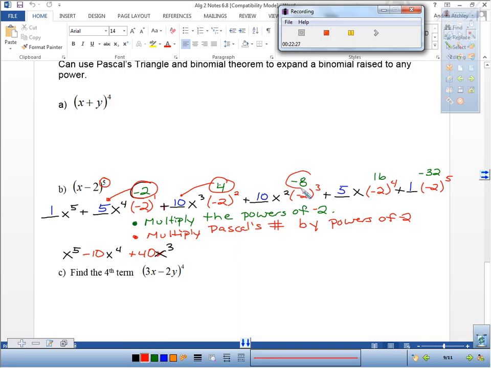Then I'm going to get the negative 8 times 10 and get negative 80, and then x squared. I'm going to get the 16 times the 5, and that gives me 80, and then x.